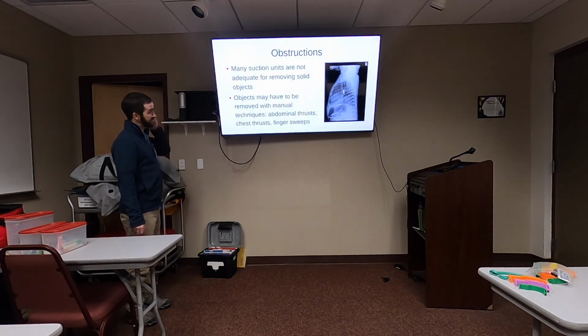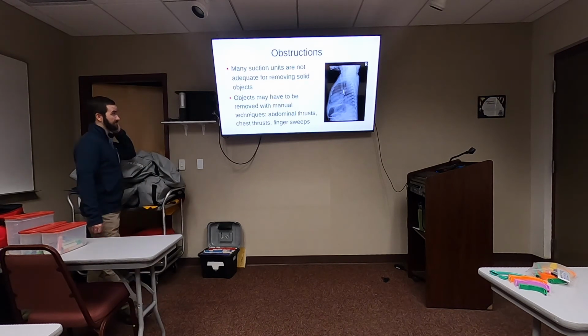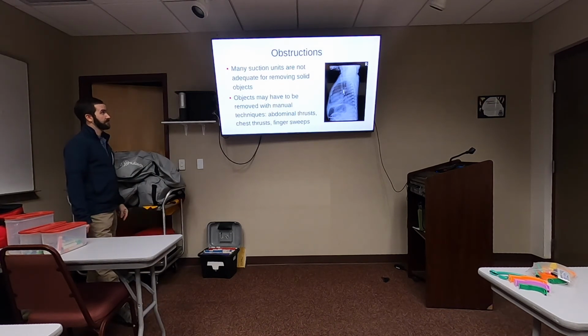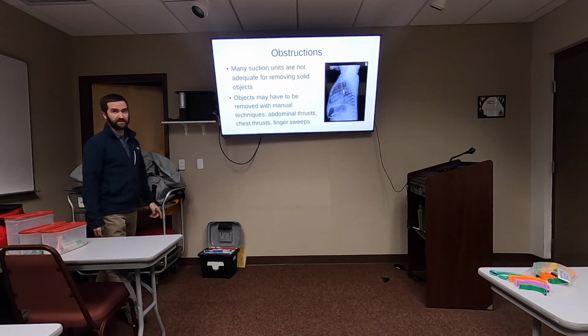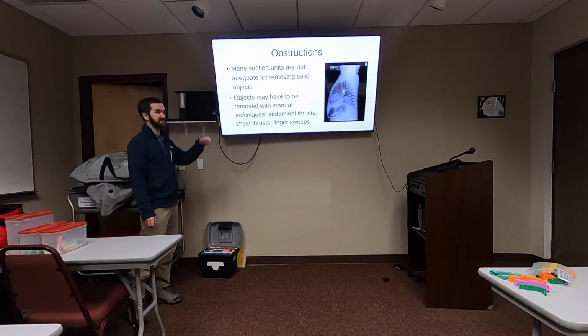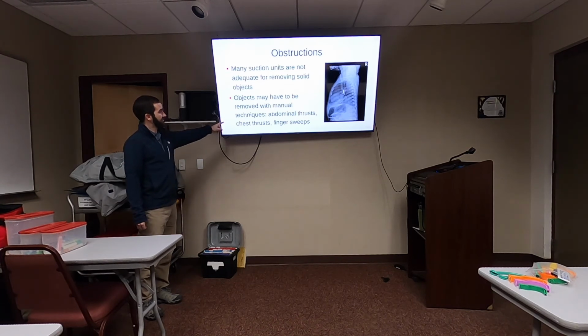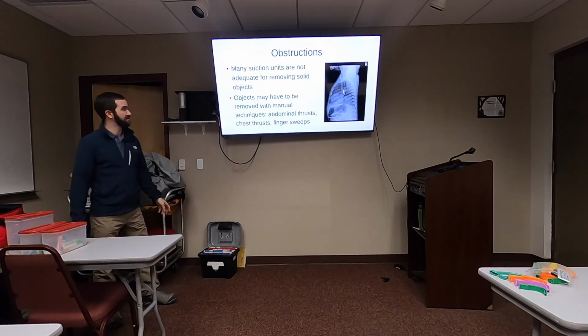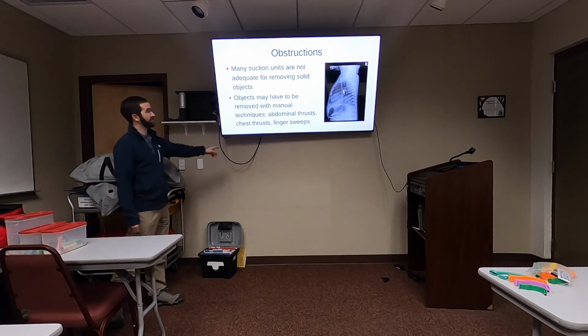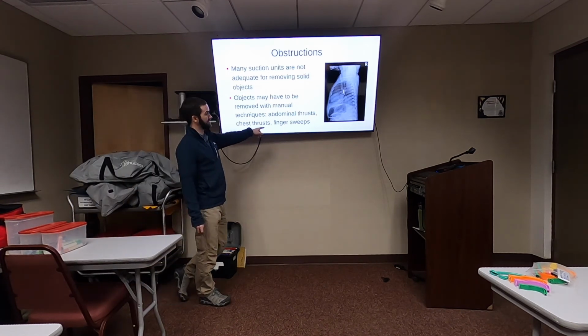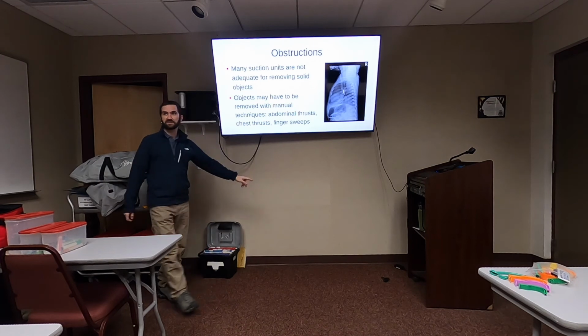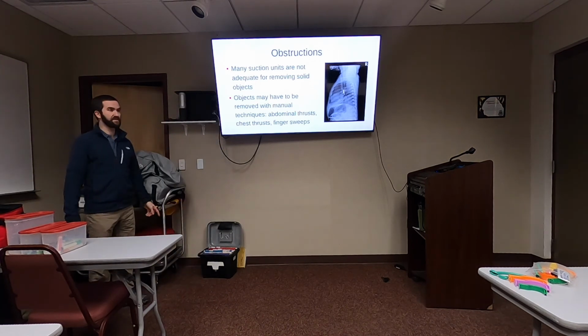Obstructions, so if somebody swallows something like a marble or something, I mean, you're not going to get that out with your little suction tip thing. You might need to do abdominal thrusts or chest thrusts. If you can see something in there, you can finger sweep for it. We don't do blind finger sweeps because there's a risk you're going to push something in deeper.